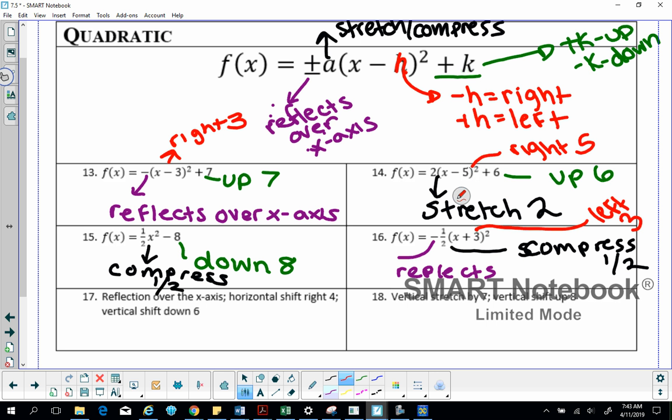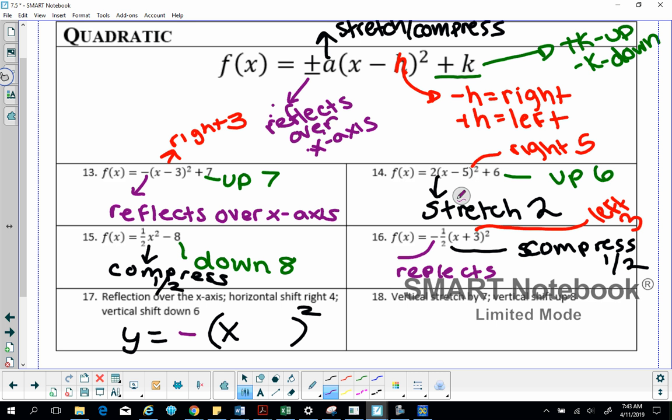Next one, so it says I have a reflection over the x-axis, a horizontal shift of right 4, and a vertical shift down 6. So here's my x. So who can raise their hand and help me with that one? How do I write that one? Michael, give it a try. How do I do it? Where's the reflection go? What do I do for that one?